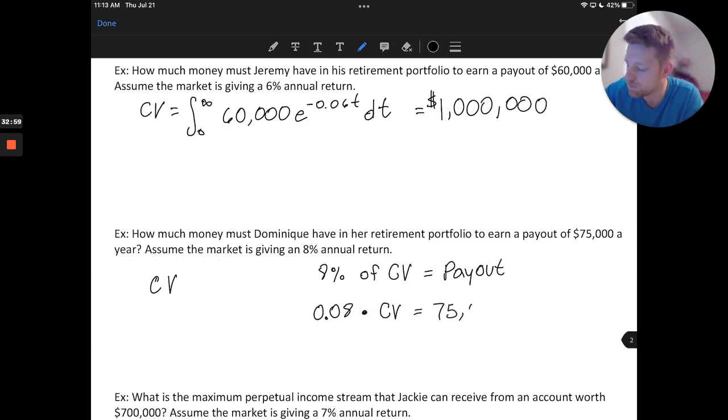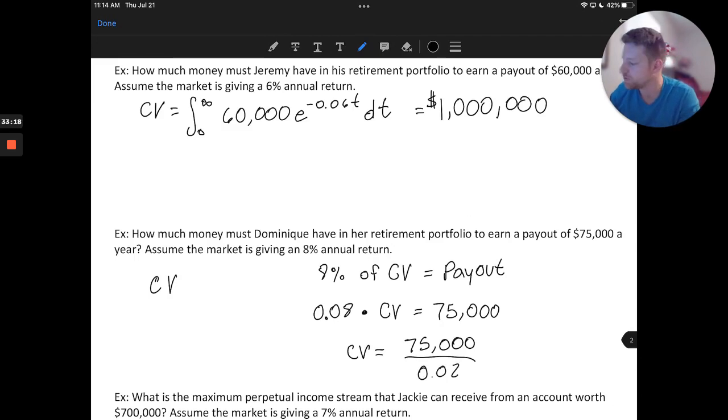So what I can do here to solve for my capital value is I can simply divide by 0.08. So I get 75,000 divided by 0.08. And when I do so, I get a value of $937,500.